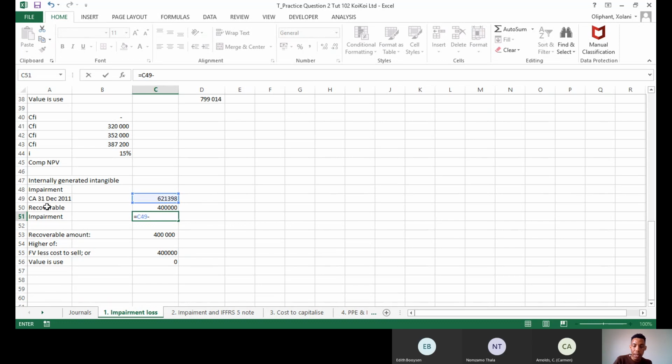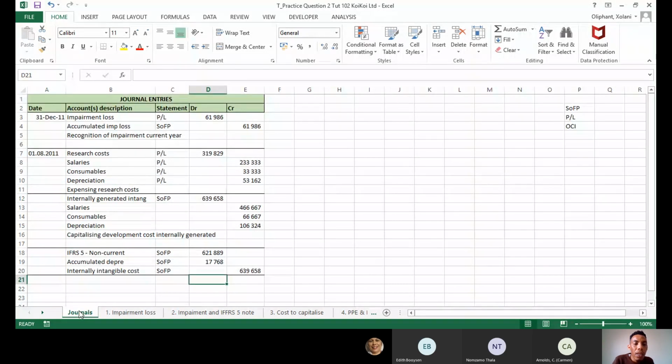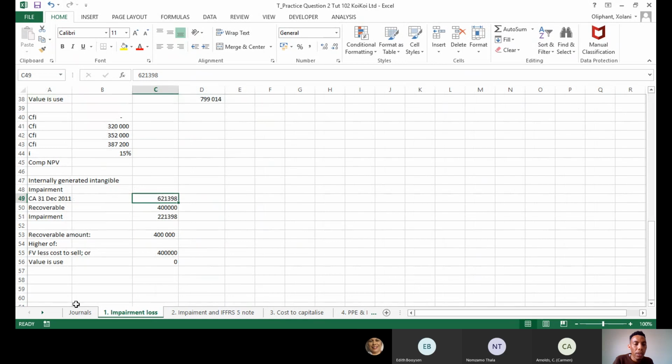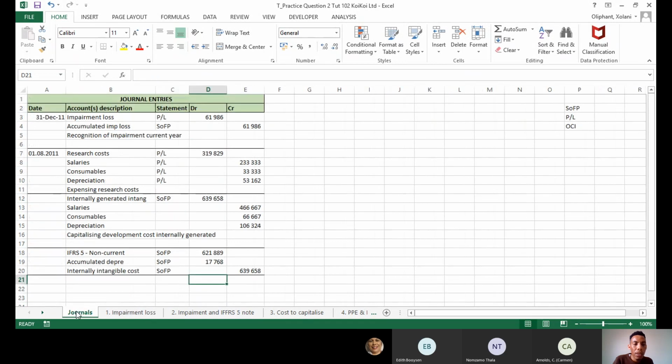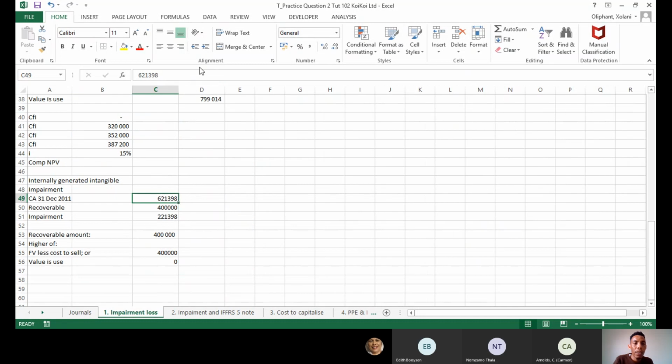So we need to write down this asset with 221,889.